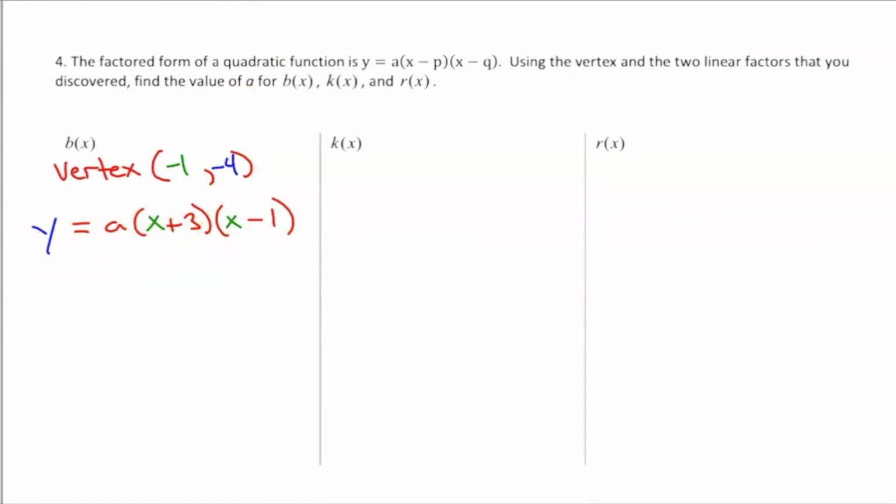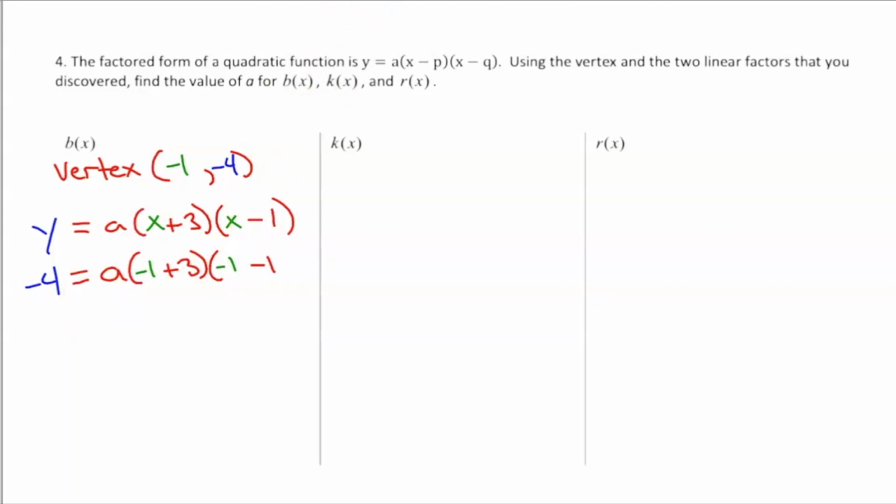We can pick a point besides a zero and substitute in the x-coordinate and the y-coordinate and then solve for a. So in this instance, my y-coordinate is going to be -4. We still do not know the a value, and then we're going to substitute in -1 for my x-coordinate.